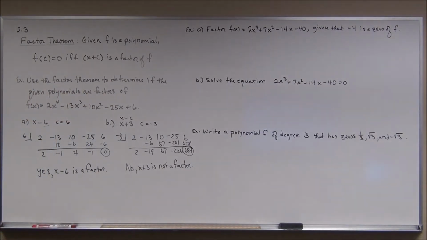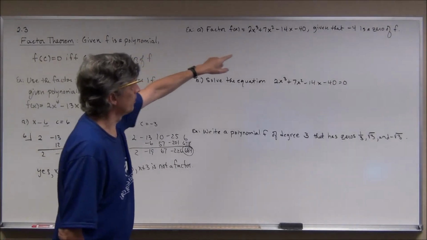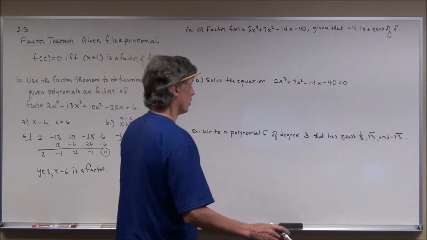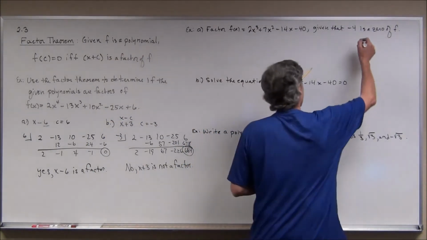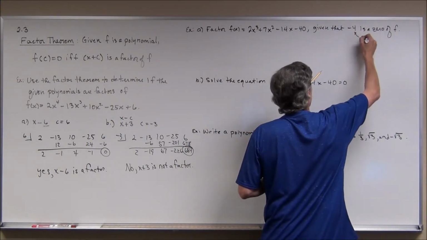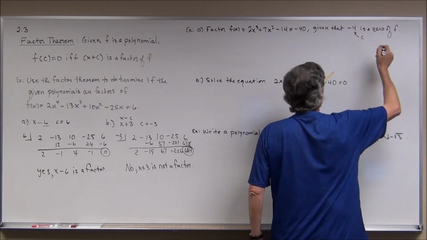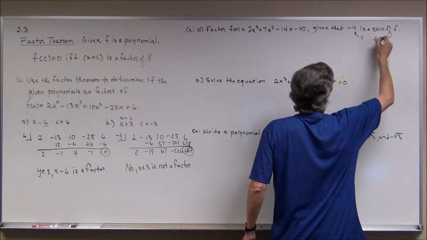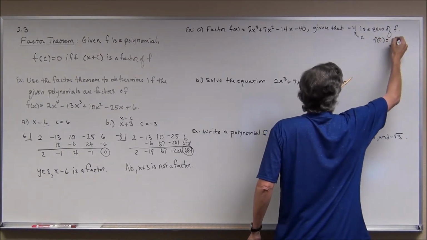Alright. And let's go over to here, where we are going to try to factor the polynomial given a 0. Now, if you have a 0, remember how this works. If this guy here is my 0, call it c, then that means that f of c is equal to 0.